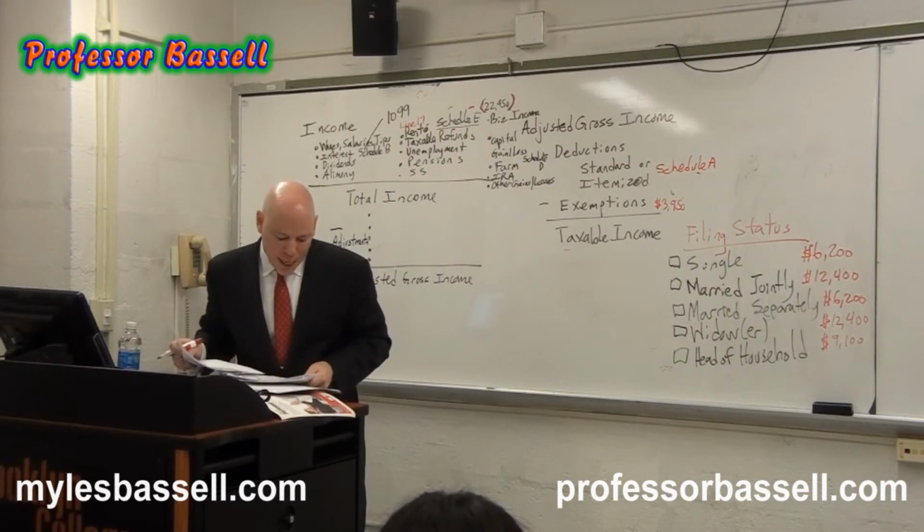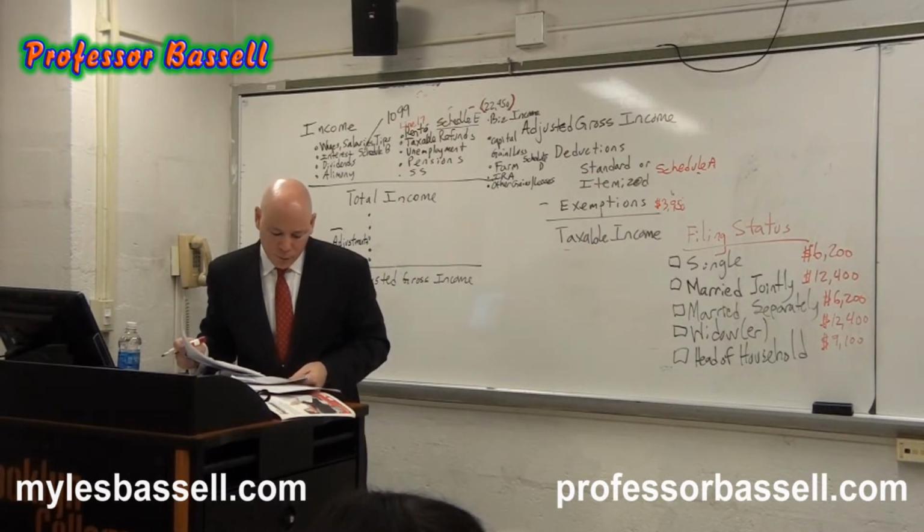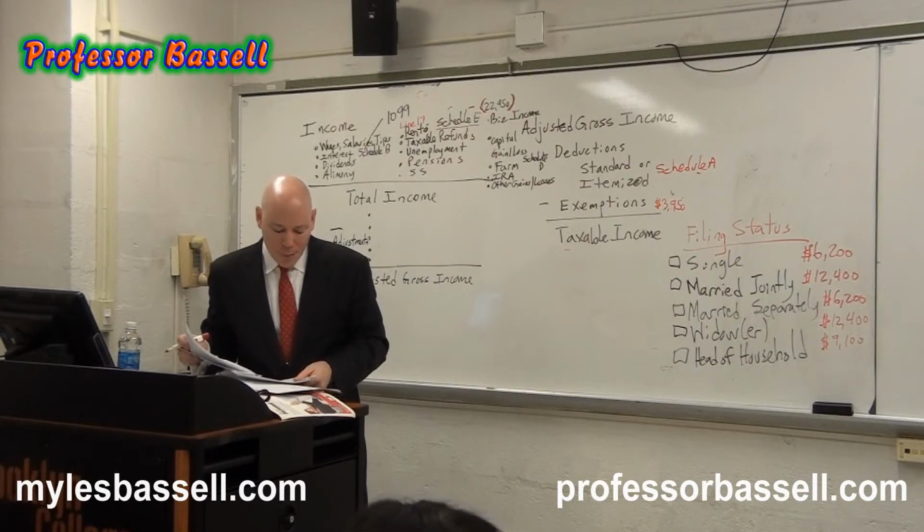On the 1040, look at line 40. Line 40 is where we're going to either put the standard deduction amount or the amount from Schedule A where we itemize our deductions. Everybody see that?